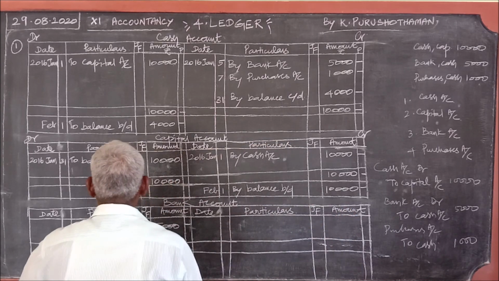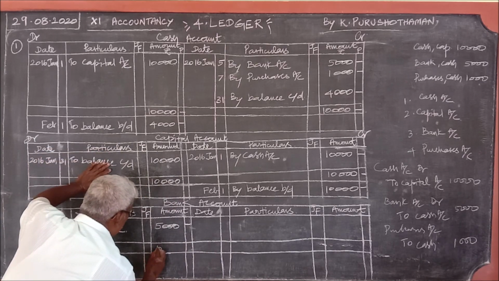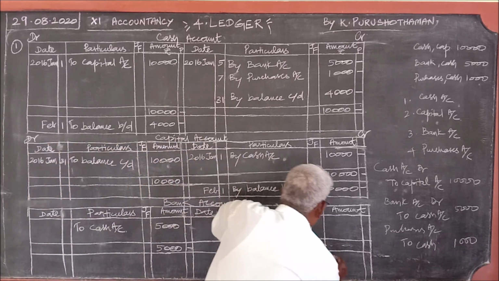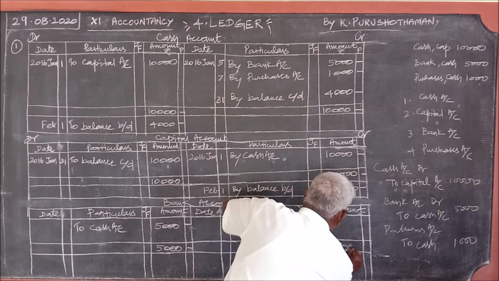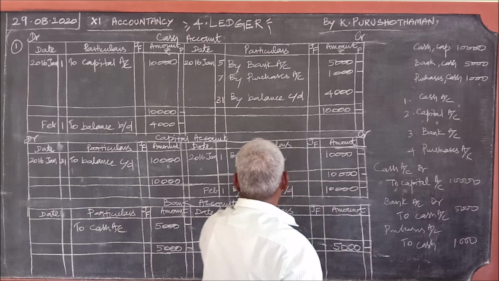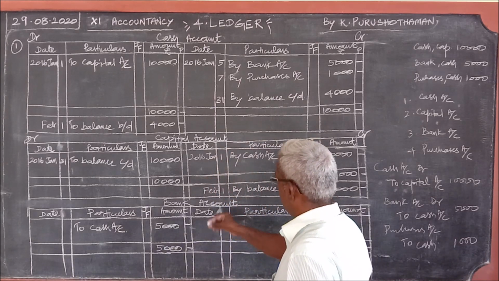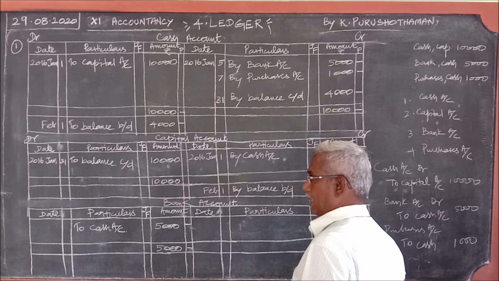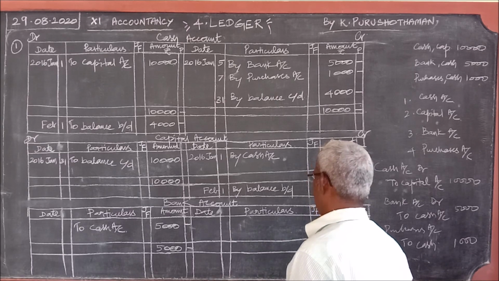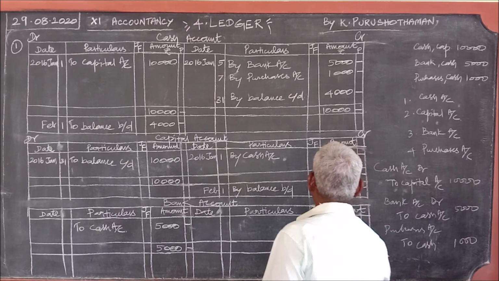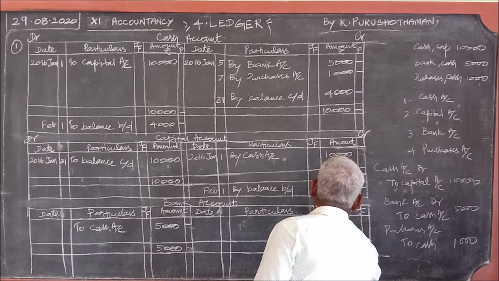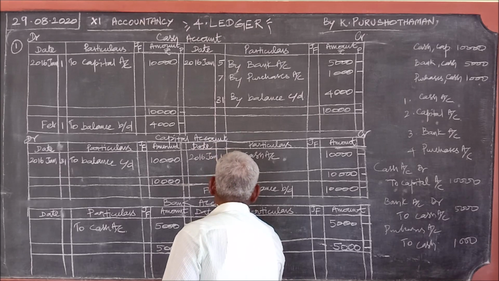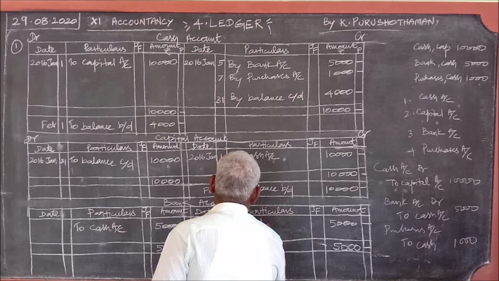Which is the greatest total? 5,000 is the greatest total. So you write on both sides the greatest total, 5,000. Here there is 5,000, but how much is missing on the credit side? The entire 5,000 is missing on the credit side. So you write 5,000 and against it, by balance carried down.